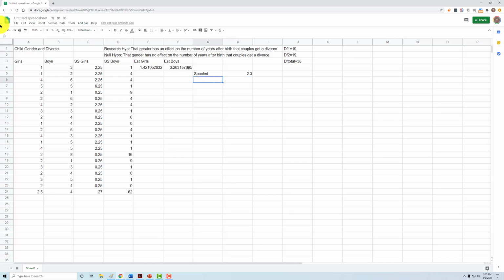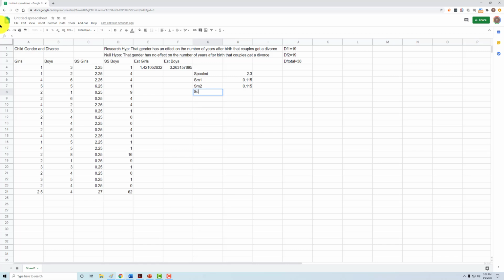Right? So now I have to estimate the variance for the means for group 1, which is 2.3 divided by 20. And for group 2, it's going to be the same thing, 2.3 divided by 20. Then we add them together, right?